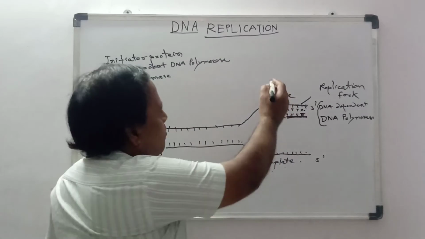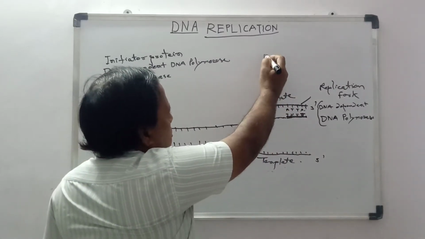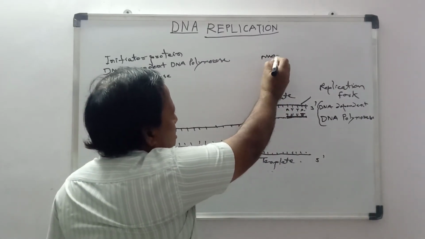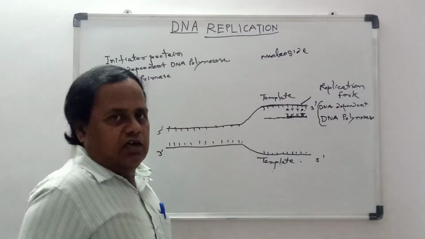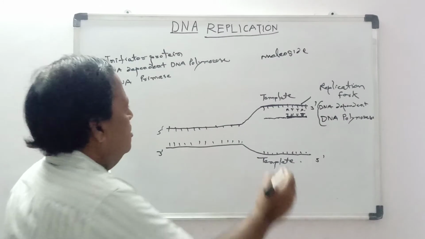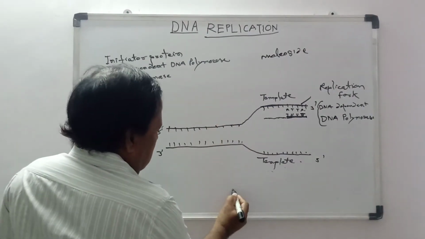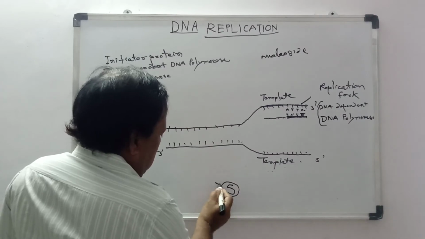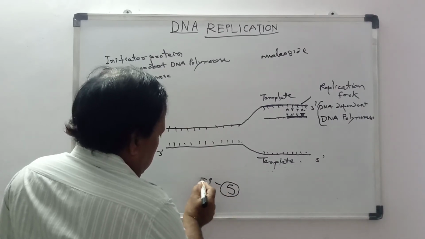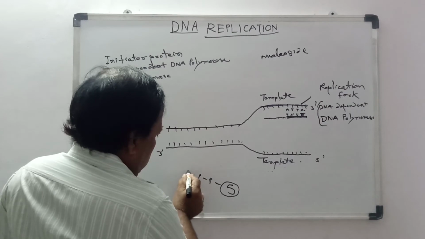So the nucleosides are available in the form of triphosphate. So this is the sugar molecule. This is phosphate group. So it has got two more phosphate groups.